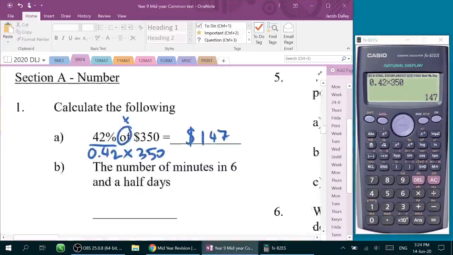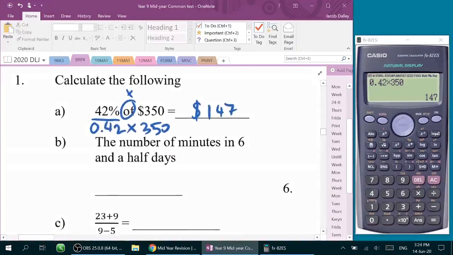Okay. Next question. The number of minutes in 6.5 days. Okay, so first of all, we have 6.5 days, and in a day there are 24 hours, so we're going to multiply by 24, and there are 60 minutes in an hour.